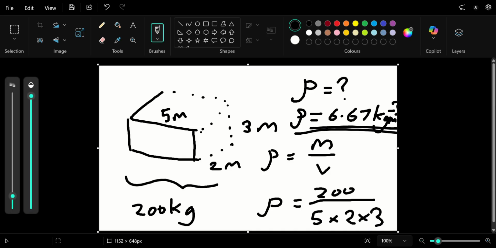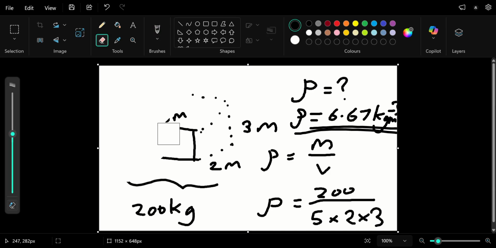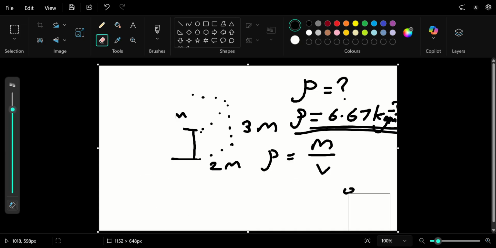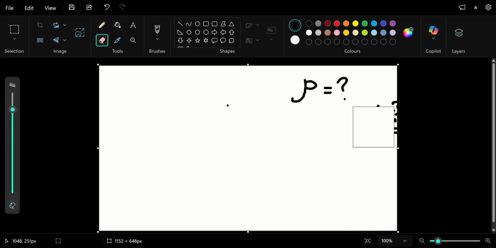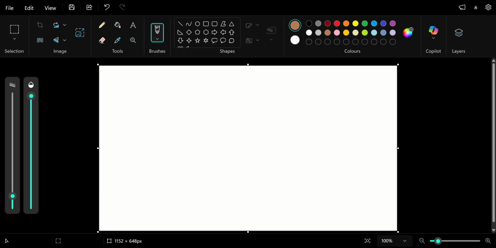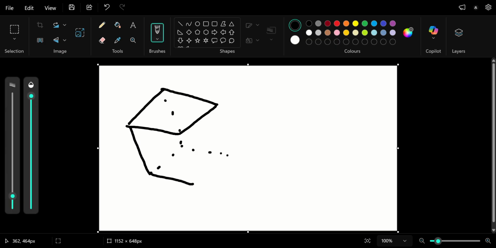Let's try another question where we have another regular solid. Here, let's say we have a cube and one side of this cube has a length of 6.25 meters.